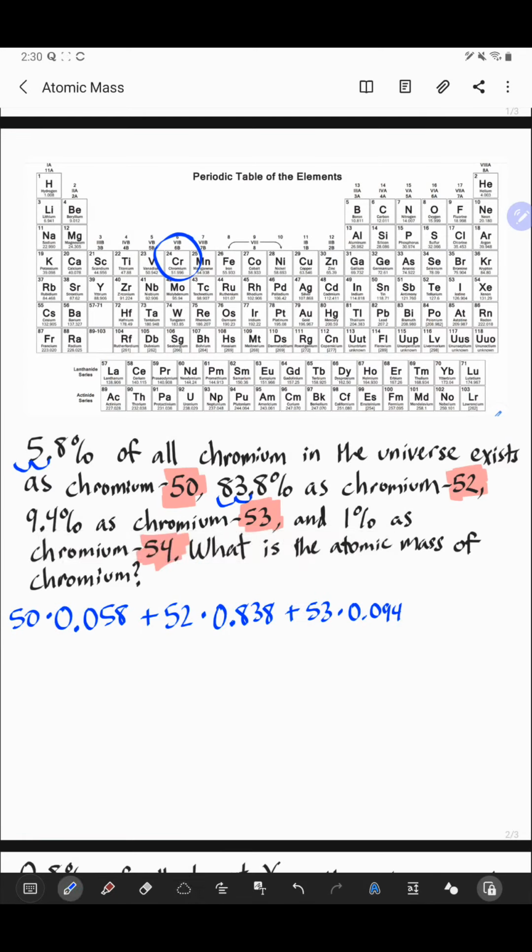All right, so 53 times 0.094 plus 54 times 0.01. We're going to type that all into our calculator, and then we're going to get a value of 51.998.